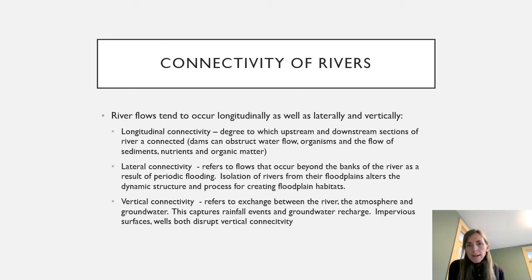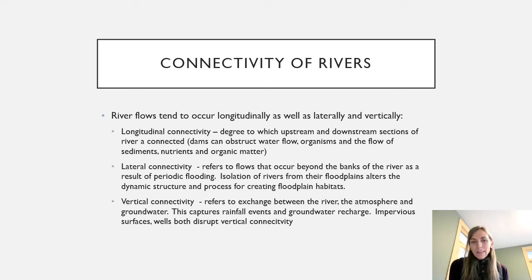It takes a little bit of time just to talk about the special feature of rivers in the landscape and the fact that we can actually look at rivers as three-dimensional in the way we consider connectivity of our river systems.